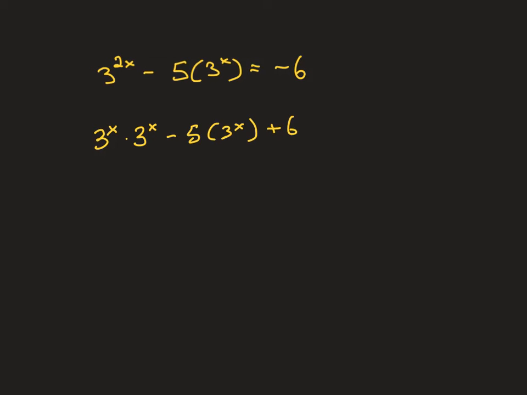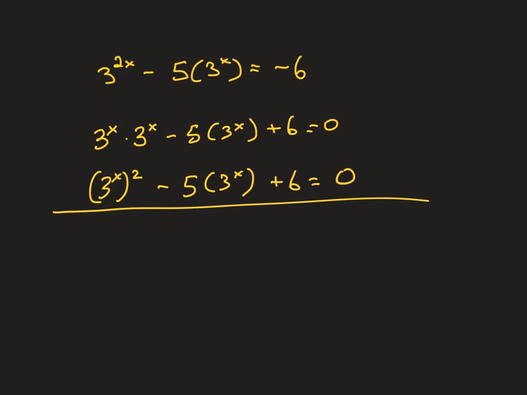Let's say plus 6 equals 0. This is 3 to the power of x squared minus 5 times 3 to the power of x plus 6 equals 0. If this isn't factorable, I could just use the quadratic formula.